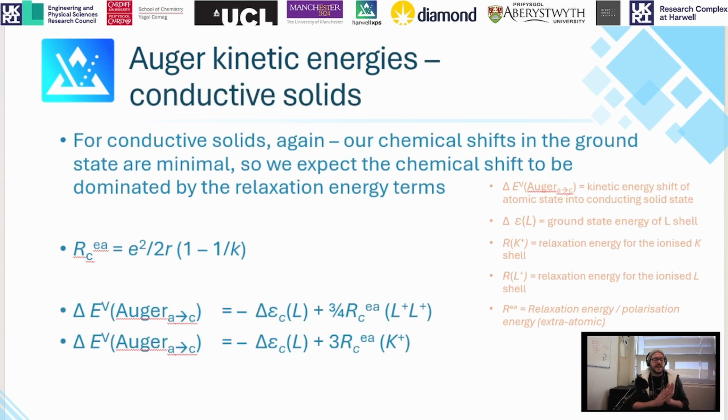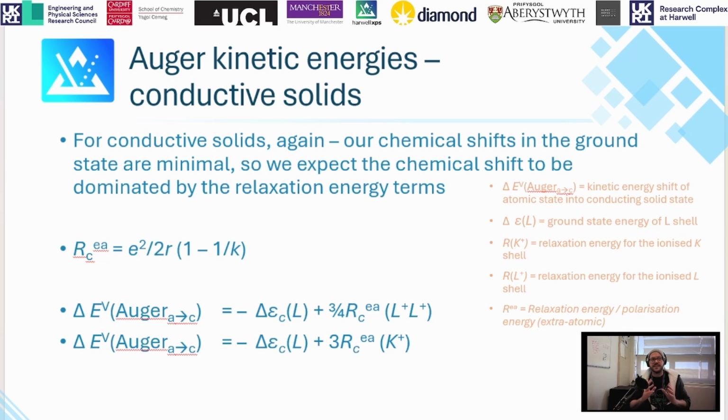Now, in the K shell system, we have a single point charge. In the doubly ionized system, we obviously have an ion charge of 2. So we're going to have a difference of 4 essentially once we've squared that. So if we add up our K, our L and our L, we have 3 individual relaxation energy terms.